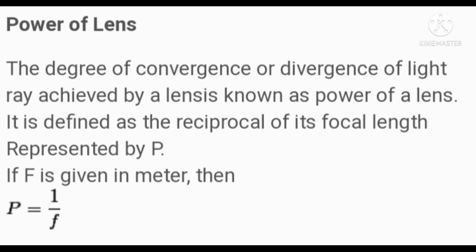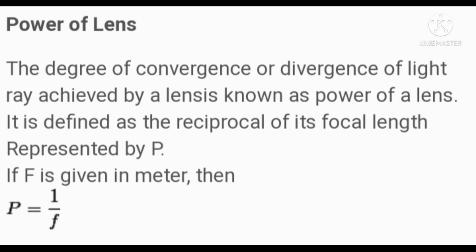Focal length we know is the distance between the focus point and the optical center, isn't it? Power is the reciprocal of focal length. Suppose the focal length is larger, it means the power of the lens is less. That means it's a reciprocal, inverse. And it is represented with capital letter P.